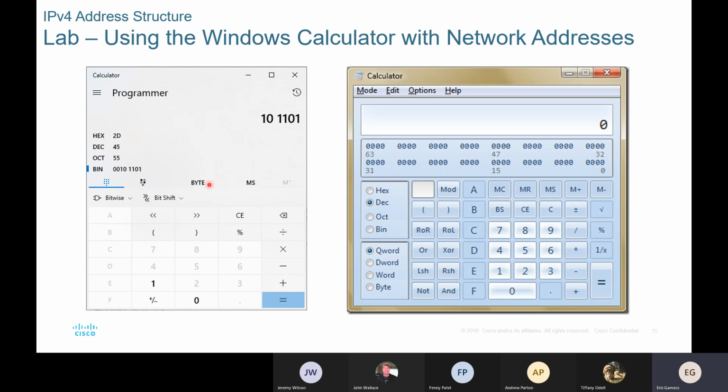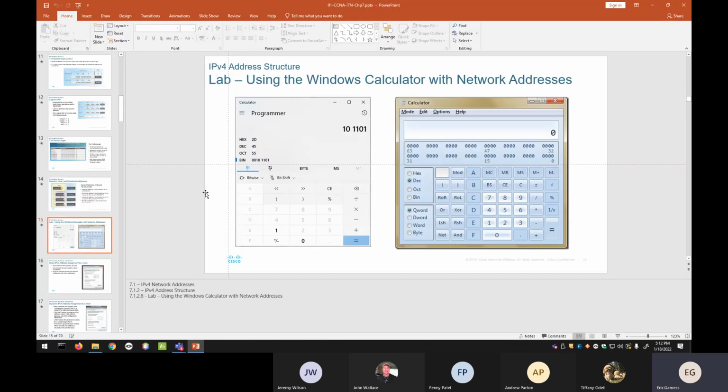Remember that here we can specify if we want to work with 1 byte, 2 bytes, 4 bytes, or 8 bytes, because it has byte, word, double word, and quadruple word. So we saw that last time.